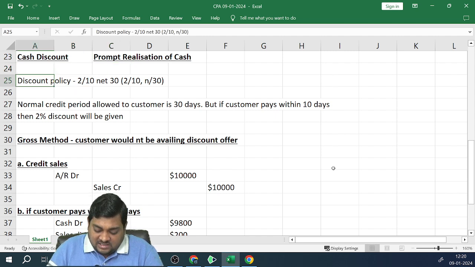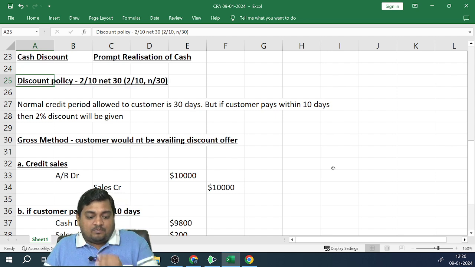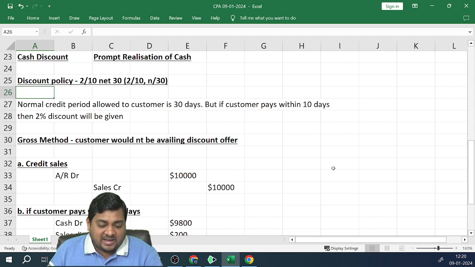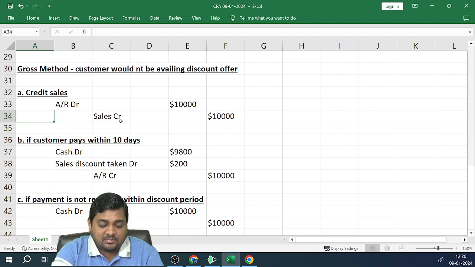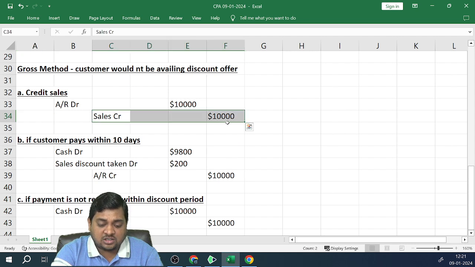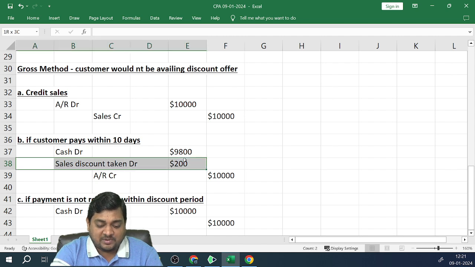Even the discount policy tells you about this particular offer, that the normal credit period is 30 days, but if I pay within 10 days, then 2% will be given to the customers. For me, it's an expense, right? So anyway, I am assuming that the customers won't be availing the discount offer. So in that case, I have recorded sales at the gross figure. But if later on the customer avails it, then again I'm going to show an expense for it, right?